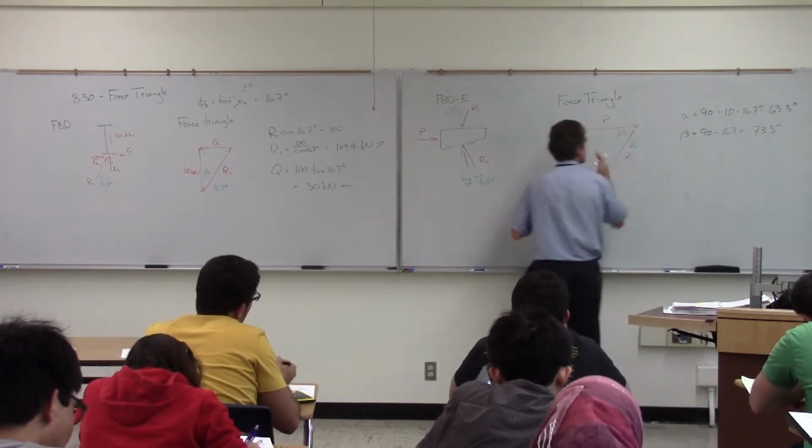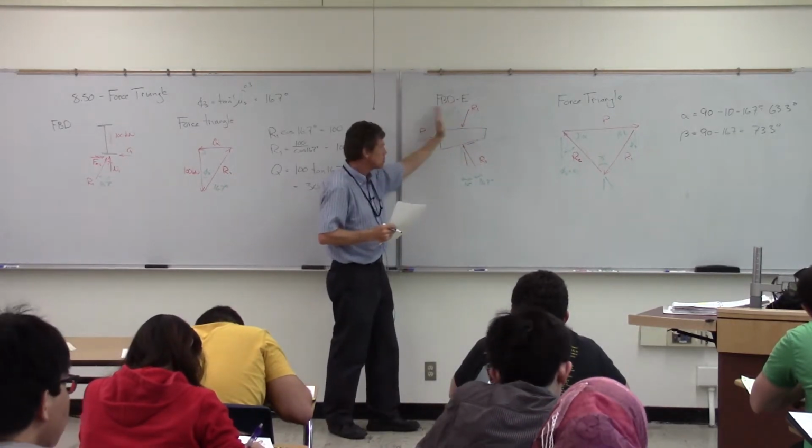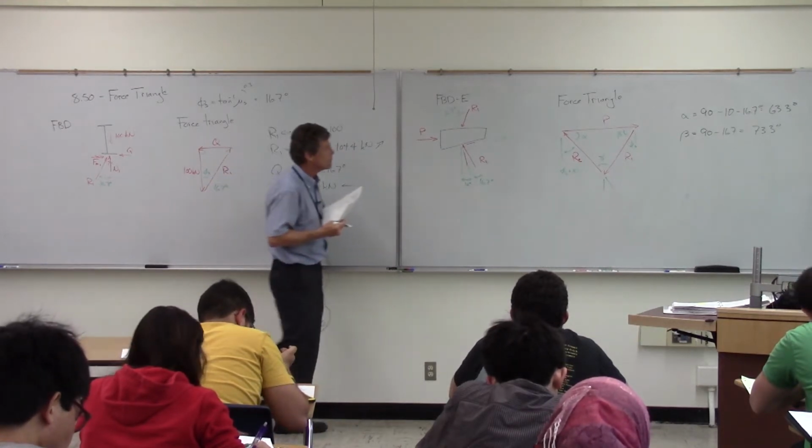And then beta is very easy, because that angle there is just going to be the angle of friction, since that's based upon a vertical normal force, of 16.7.